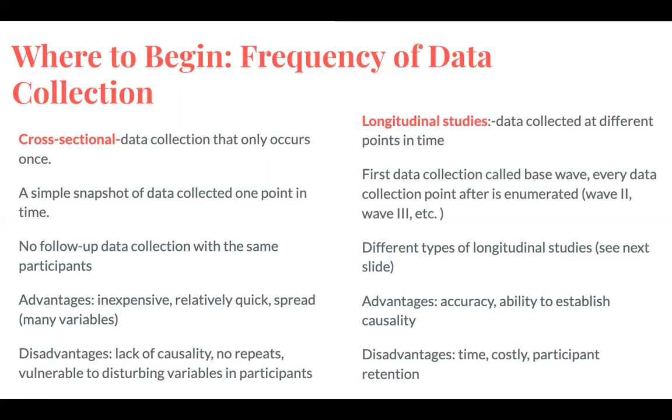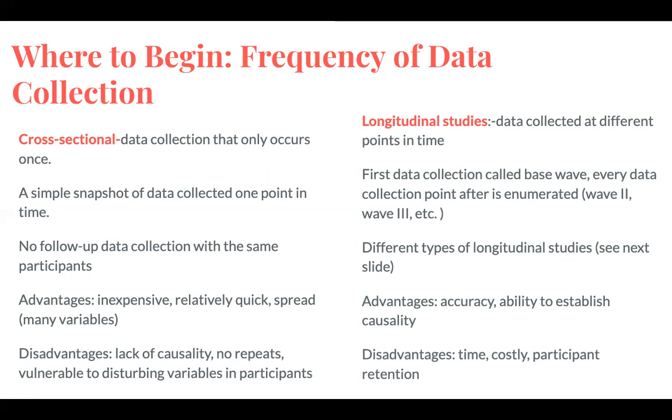Oftentimes that means you can ask them a lot of questions on your instrument at that one time. Your book refers to this as spread. Oftentimes, this type of data collection has a large spread. They ask about a lot of questions.